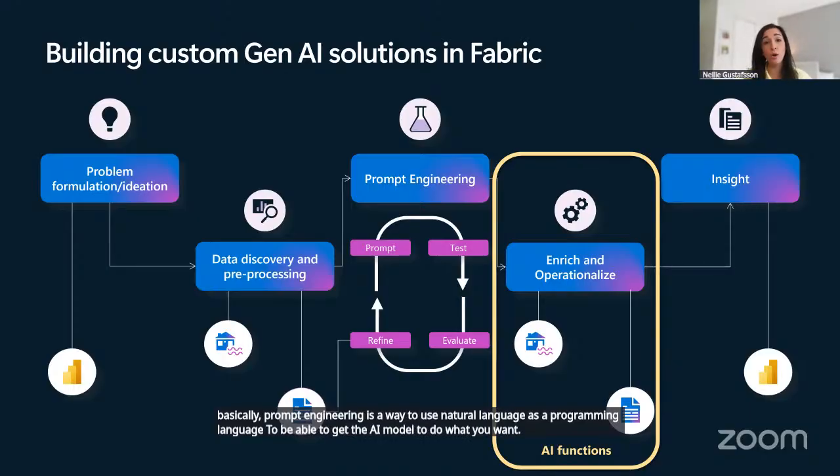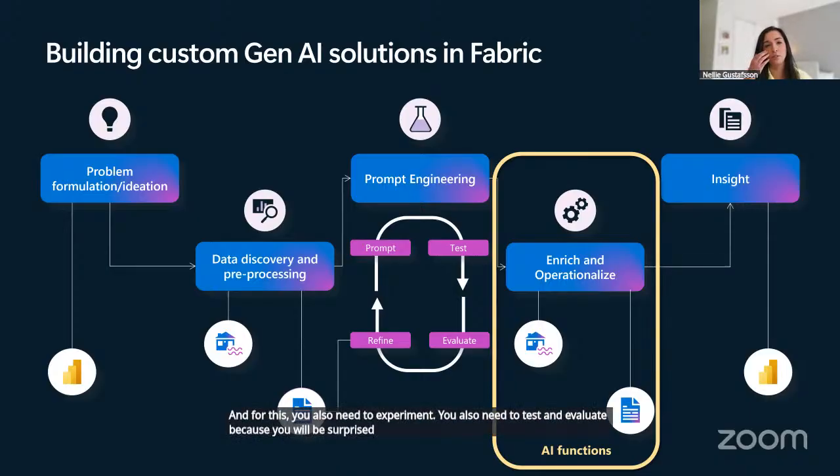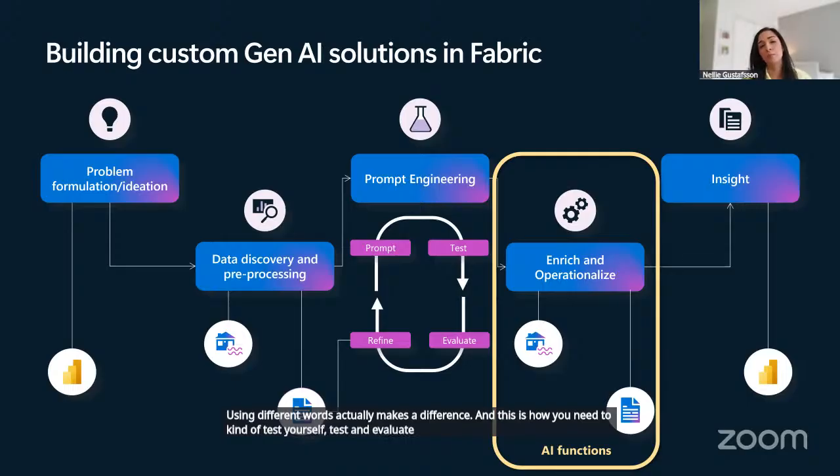And for this, you also need to experiment. You also need to test and evaluate because you will be surprised. Sometimes telling an AI model something in capitalized letters and bold, versus not using capital letters and bold, actually makes a difference. Using different words actually makes a difference. And this is how you need to test and evaluate what is the best prompt for a specific situation, right?